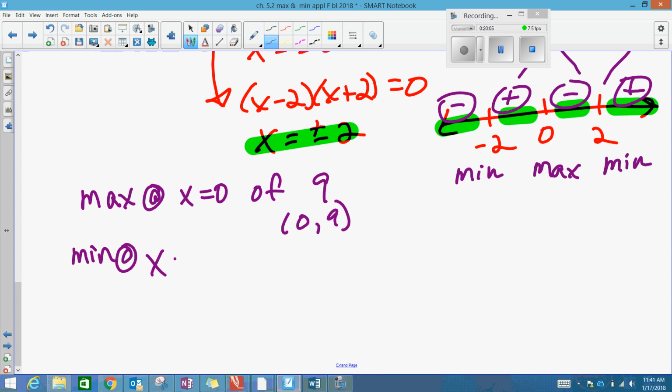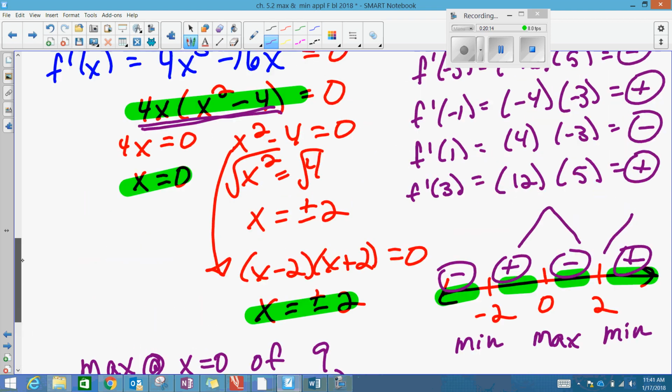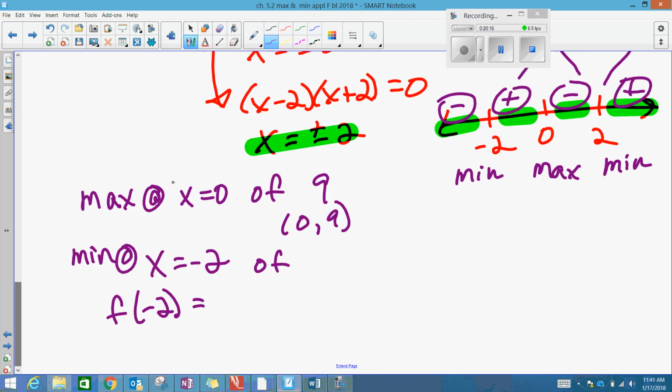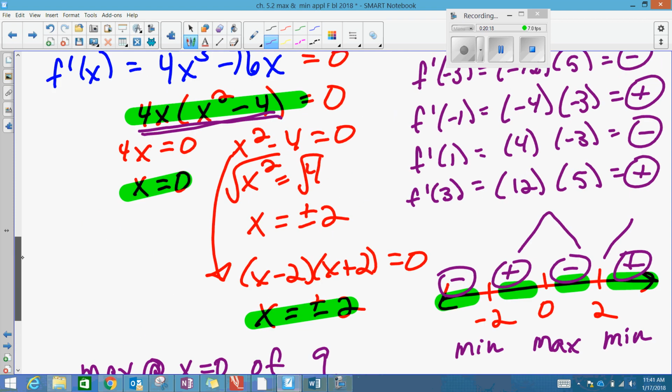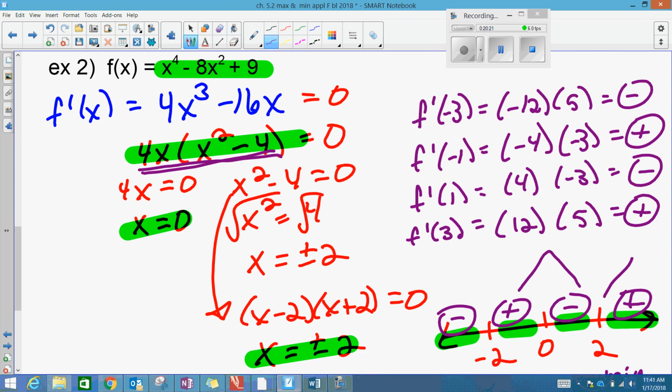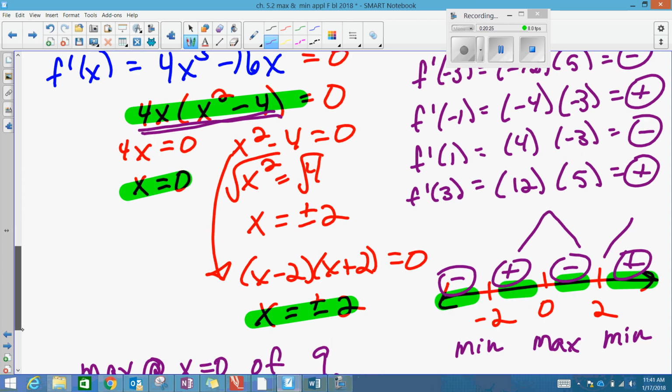at x equals -2 of, so we need to find f of -2. If we come up here to our original equation and plug in -2, -2 to the 4th is going to be a positive 16.